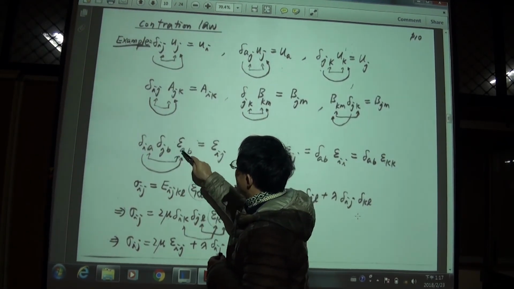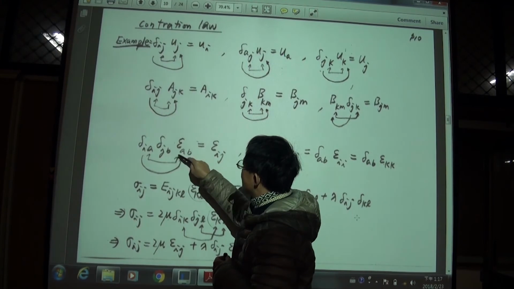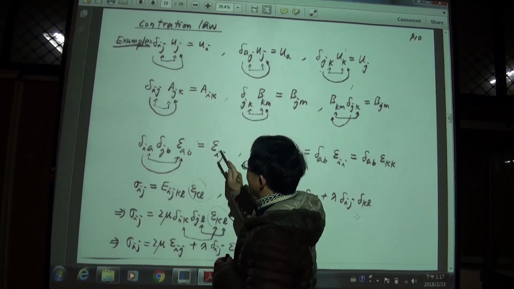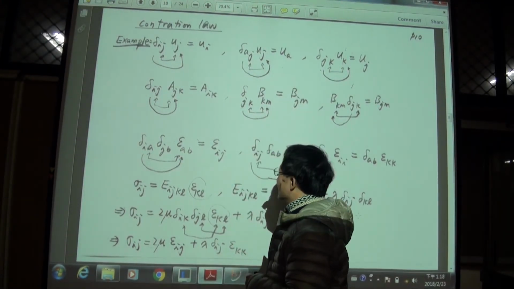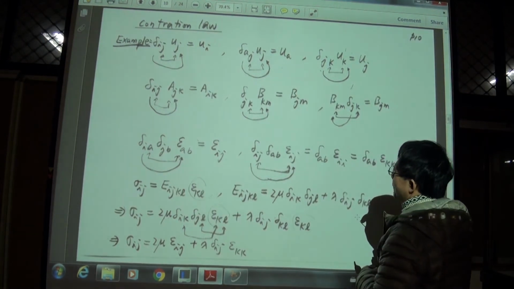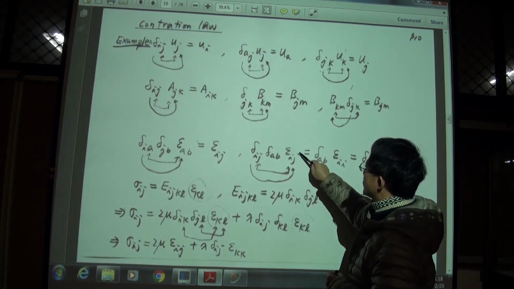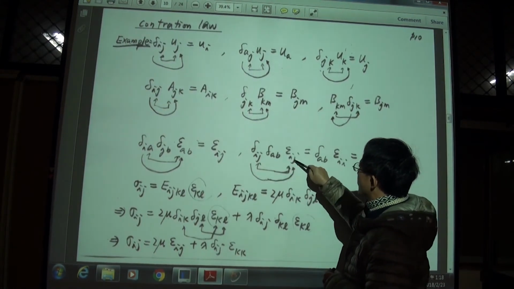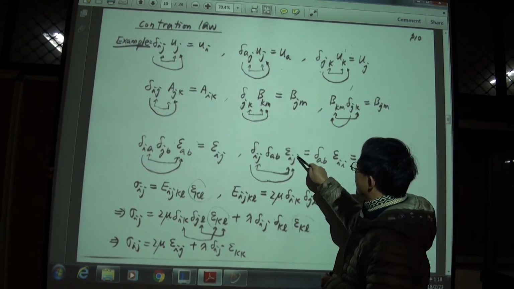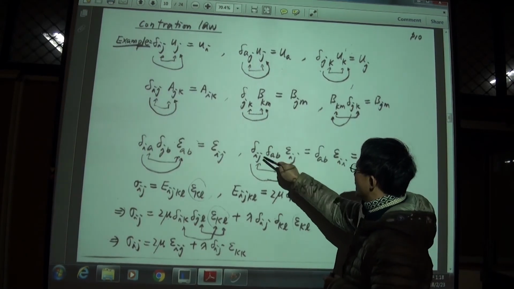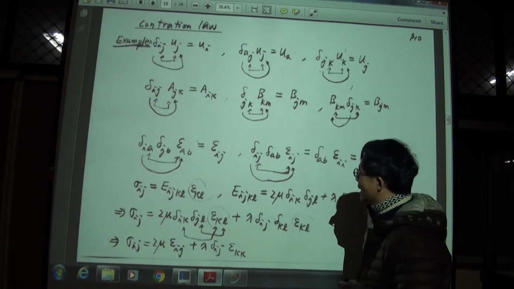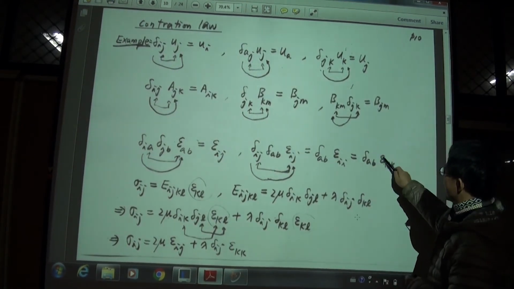Now b is repeating, so we should replace b by j here. Understand? Similarly, delta_ij delta_ab epsilon_ij. J is repeating, so we should replace this j by i. And epsilon_ii equals epsilon_kk.